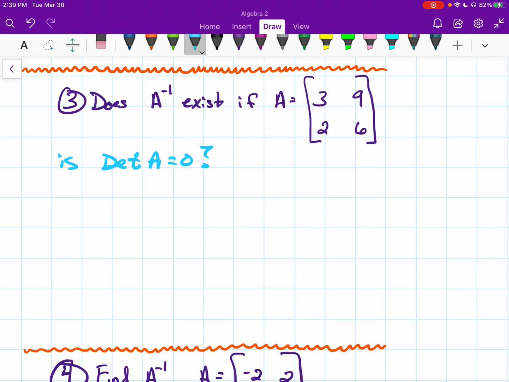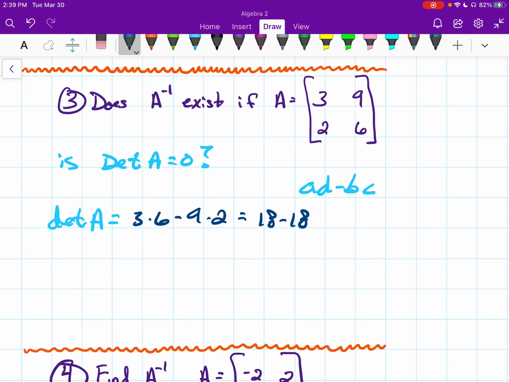And if it's anything else, it exists. So the determinant of A, we still remember it's AD minus BC. This is going to be 3 times 6 minus 9 times 2, 18 minus 18, 0. So A inverse does not exist. Or you could write it all out: does not exist.